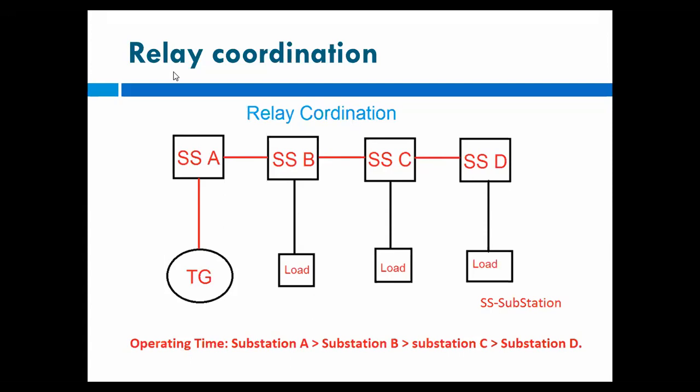Then if you consider substation C, it also has some more current than substation D, right? Then substation B, its operating time will be more than substation C. And substation A will operate at the maximum level.